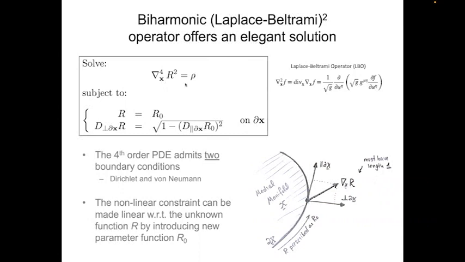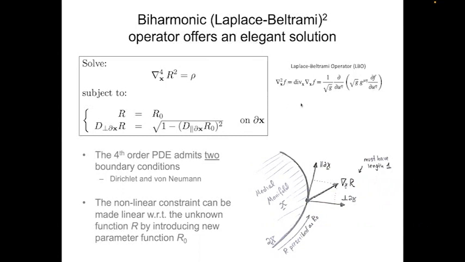What's the advantage? The advantage of the fourth order equation is that it requires two sets of boundary conditions, not one, but two. Typically one of them is a Dirichlet boundary condition, that the unknown function you're trying to find is equal to some given function along the boundary of your domain.